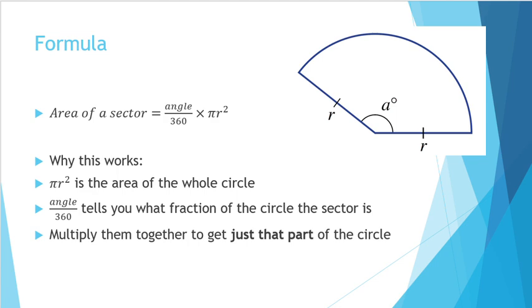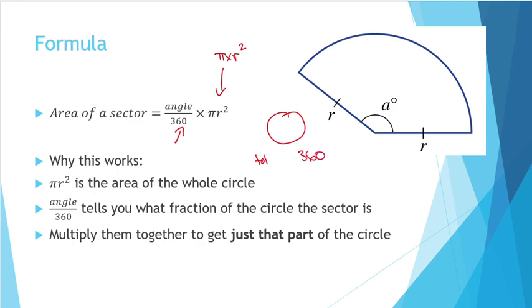So this is the formula that we are going to be using. Area of a sector equals angle over 360 times pi r squared. Just remember pi r squared is the same thing as pi times r squared, so don't get confused when I'm talking about it. This 360 here: in a circle, the angle overall is 360 degrees.